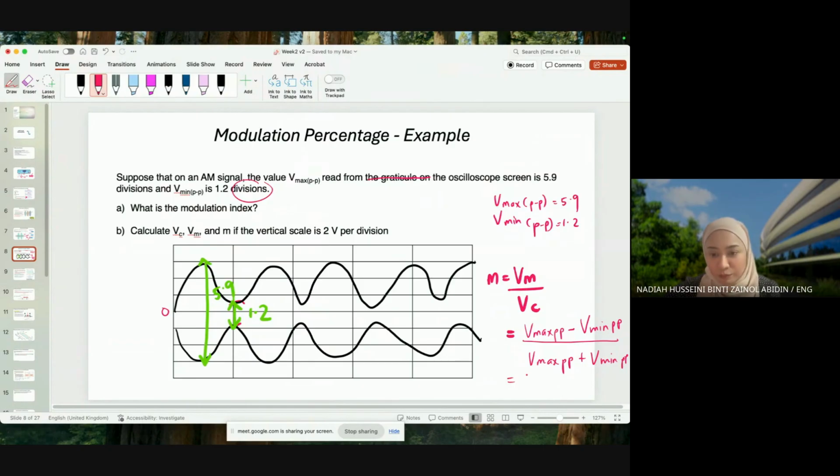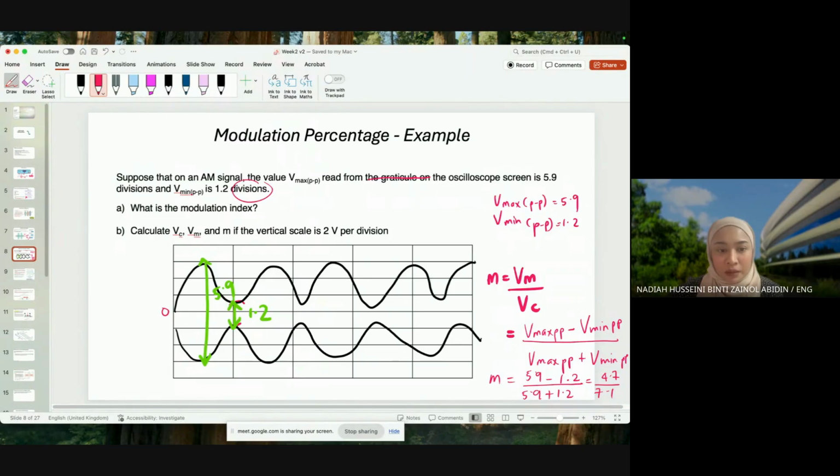So 5.9 minus 1.2 divided by 5.9 plus 1.2 gives you 4.7 over 7.1, and this is M. There are no units for M, because the units above are cancelled out by the units below.